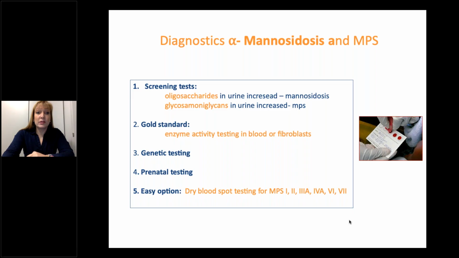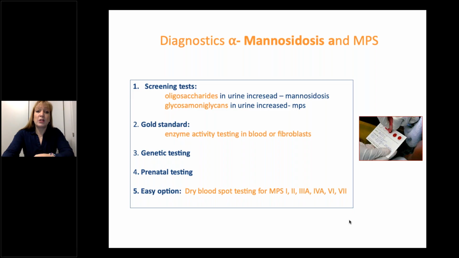The gold standard to diagnose these patients, because we are talking about rare lysosomal diseases, enzyme deficiencies that lead to storage in all organ systems, is enzyme activity testing in blood or fibroblasts, which is the proof of diagnosis.